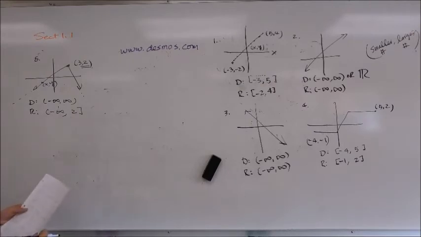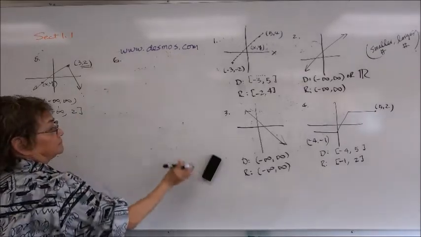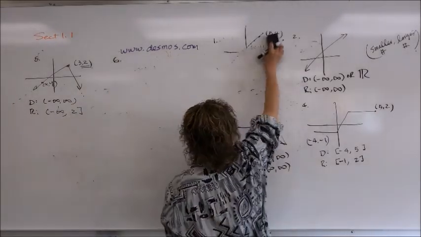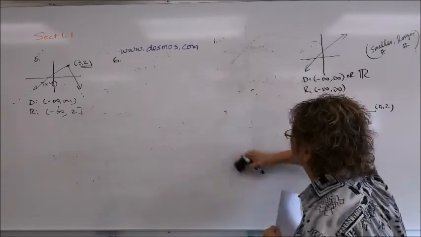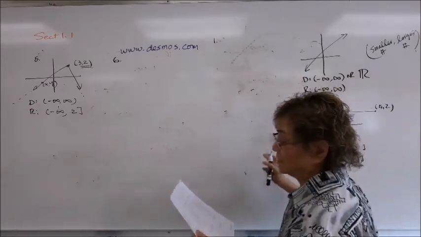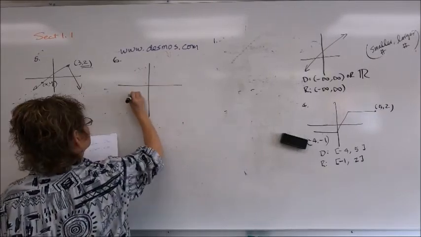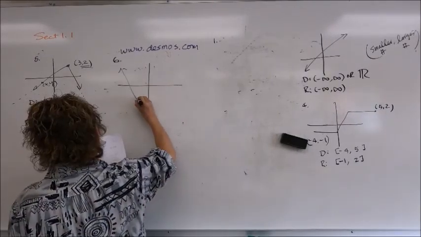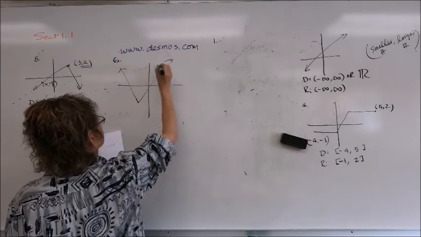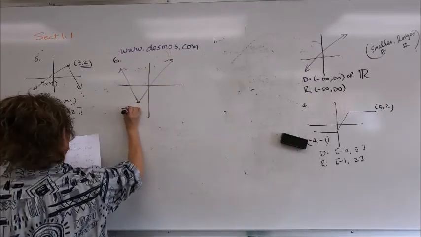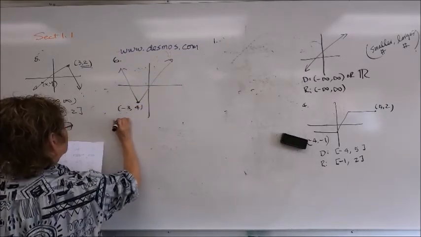So, let's see. Number 6. The graph is what? Like this. So, okay, maybe 3 and 4, that's that point. What's your domain?